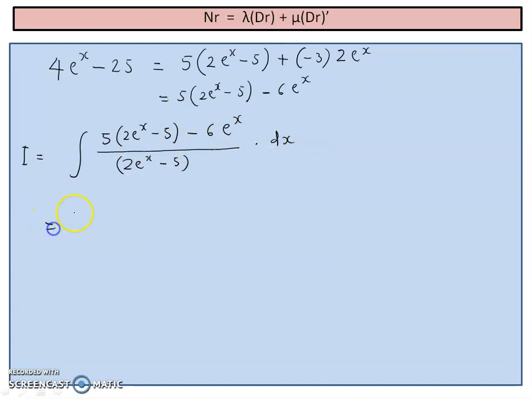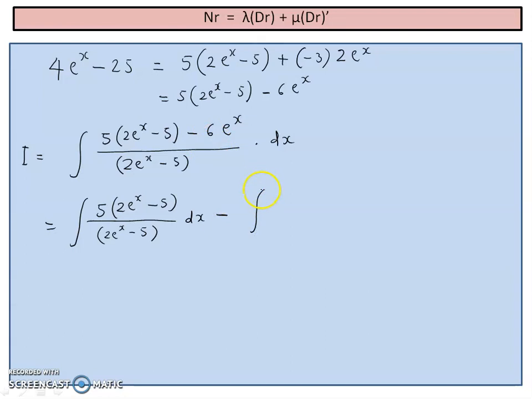So now I can divide the first term and the second term individually by the denominator and write it: integral 5 (2e^x − 5) upon (2e^x − 5) dx minus integral. Now see what I do.